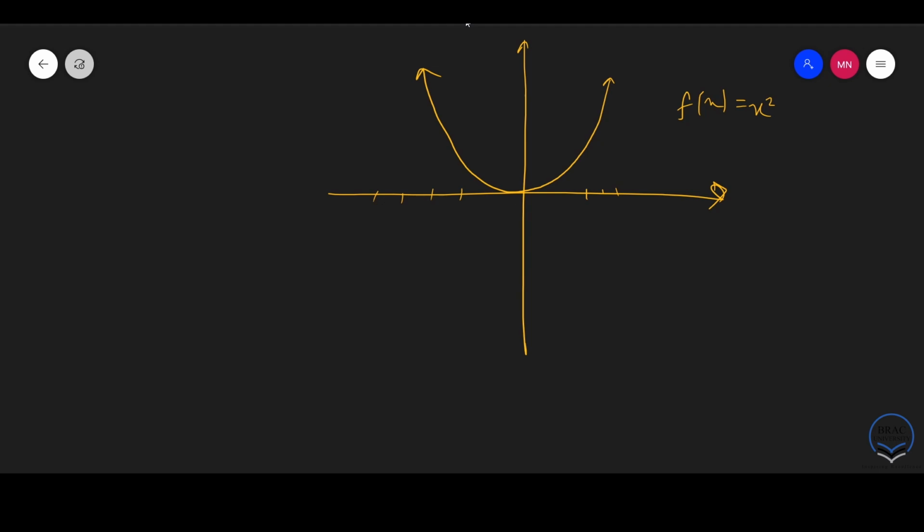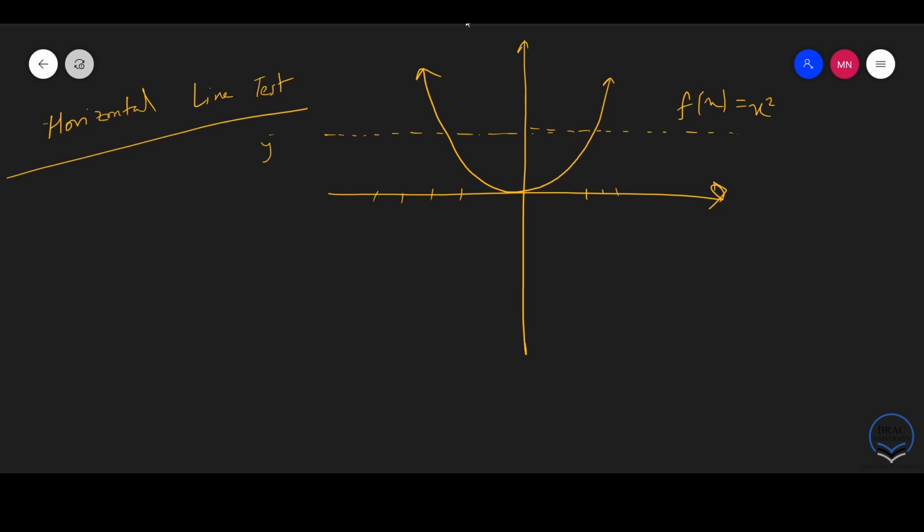So in order to find whether or not a function has an inverse from its graph, we can apply a horizontal line test. We can consider any value of y and draw a horizontal line through the graph.